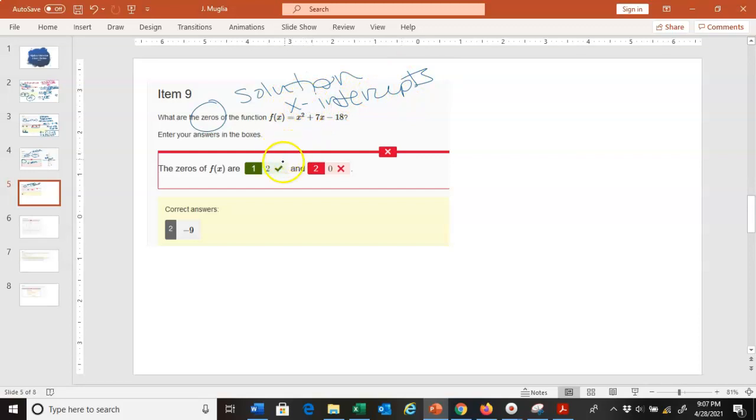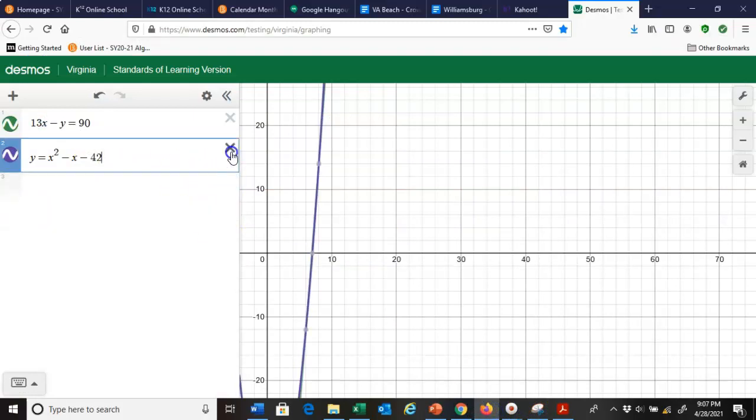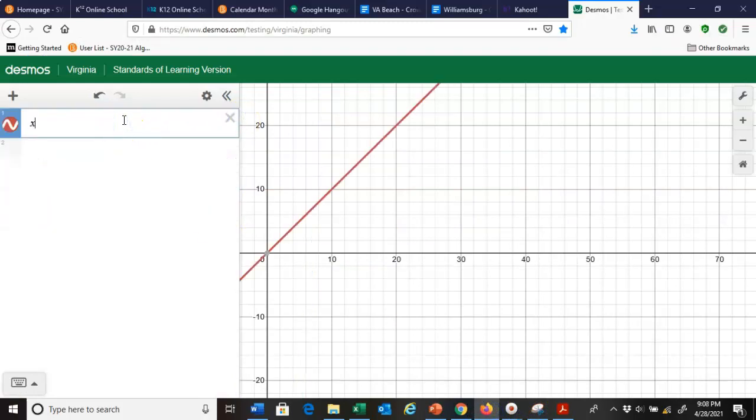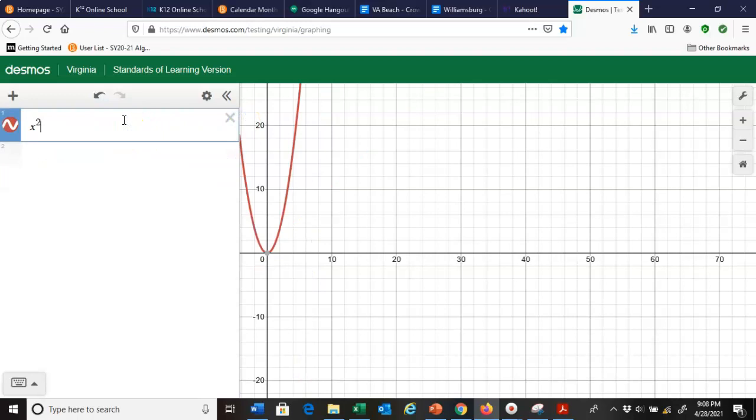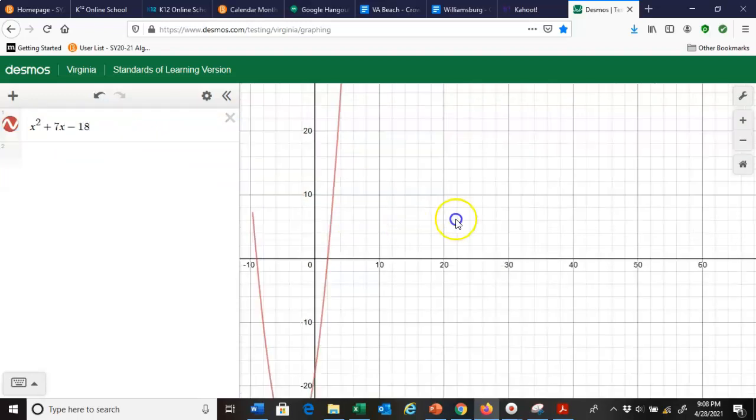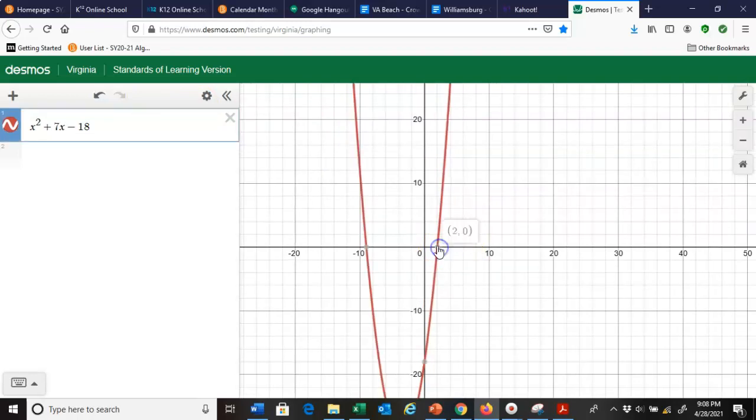It's going to be where this crosses the x-axis. So x squared plus 7x minus 18. We'll move over. So it's 2, 0 and -9, 0.